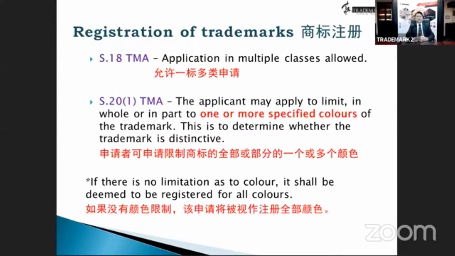Now let's come back to the Trademark Act. Section 18, there are changes in the new Act which allows multiple classes. So previously, when you file for more than one class, for those of you who are not very familiar with trademark law, I just want to tell you that under the NICE classification, there are 45 classes you may choose to apply for your trademark registrations.